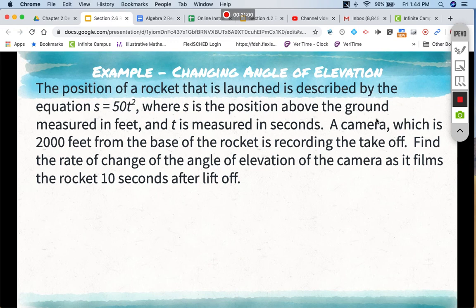T is in seconds. A camera, which is 2,000 feet from the base of the rocket, is recording the takeoff. We want the rate of change of the angle of elevation of the camera 10 seconds after liftoff. Give it a try.